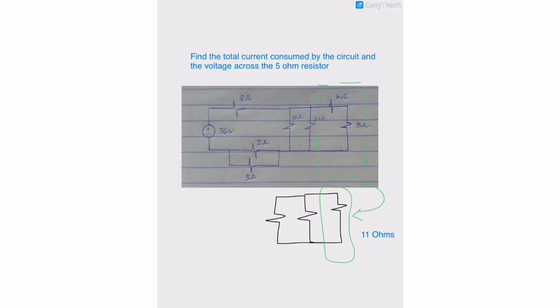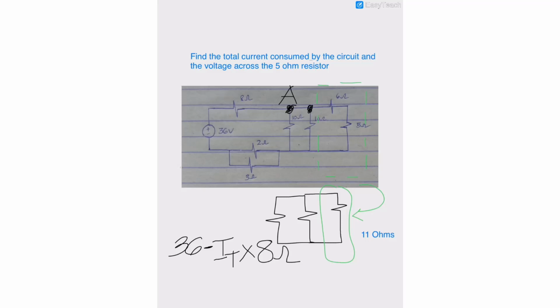We name it node A, which is the same as this node. To solve for the voltage at node A, that would become 36 minus IT times the resistor 8 ohms.